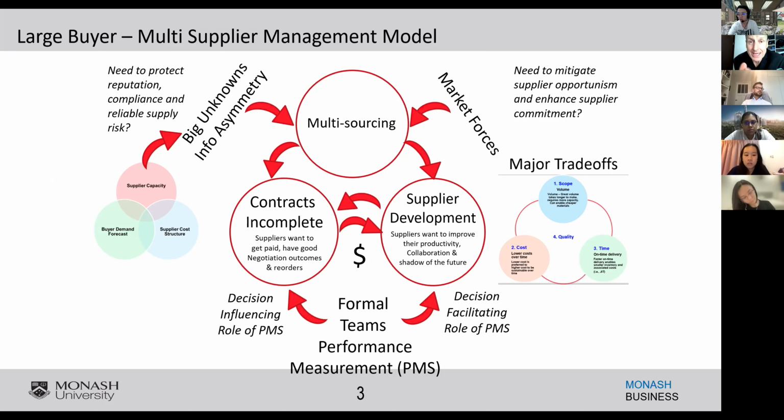If you are Nike, you're not just going to order from one contractor. Nike has 116 contractors in Vietnam, making their shoes. 116, not 16, 116, right? So invariably, there's never one supplier that can be big enough to be a single source for a multinational. That's why we start with the top circle, multi-sourcing, right?